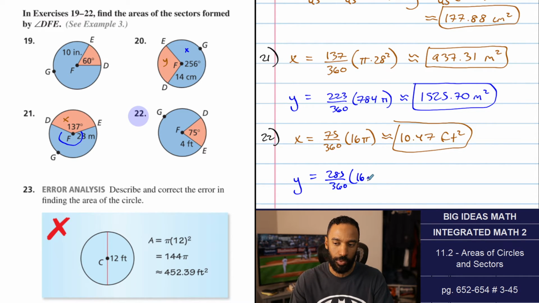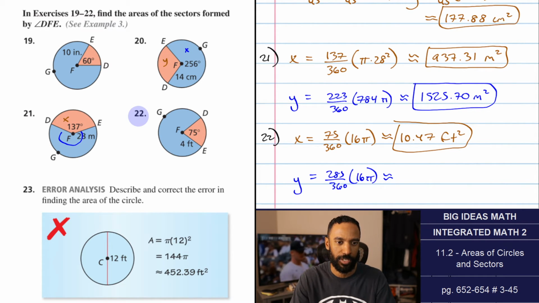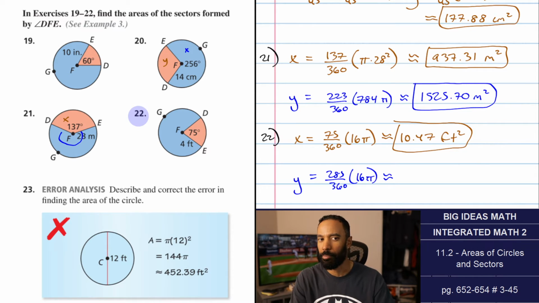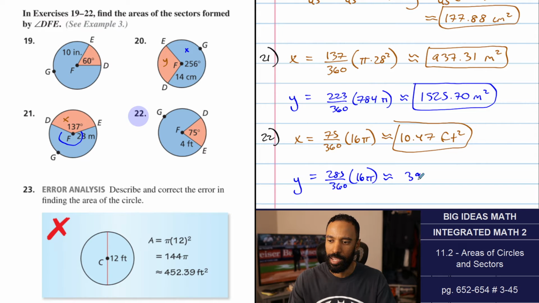And literally that's the degree. So I guess I'm not really doing it faster than the book is, if I'm not reducing the fractions. So 285 over 360 times 16 pi. 39.793, so 39.79 square feet.